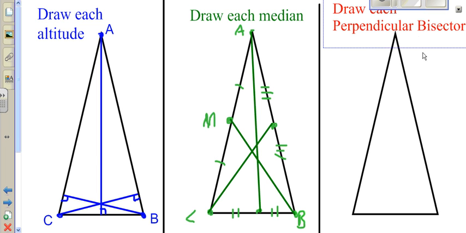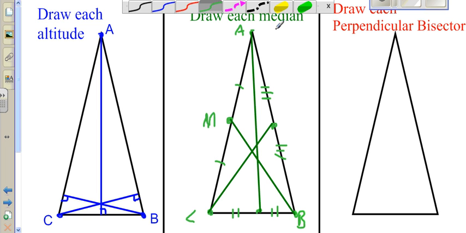And last, perpendicular bisector. I'm drawing a line that bisects each of these segments and is perpendicular at that point. First I have to find the midpoints. I have a midpoint here. We have to find the bisector of each segment, so these midpoints are where the bisector would go through.